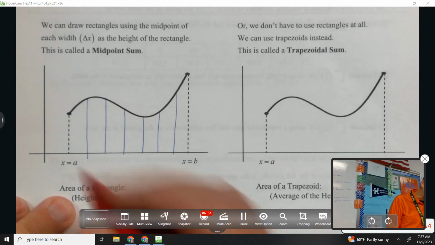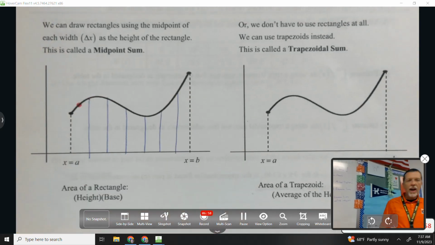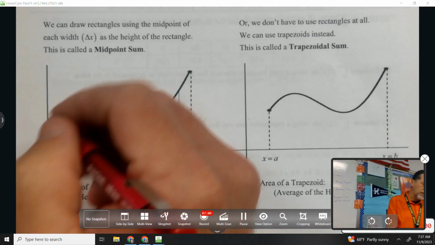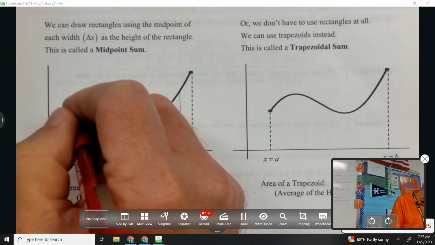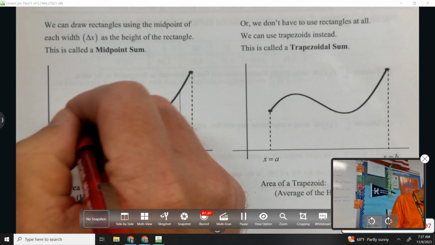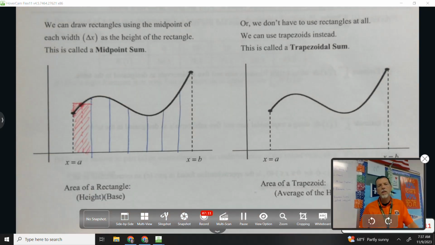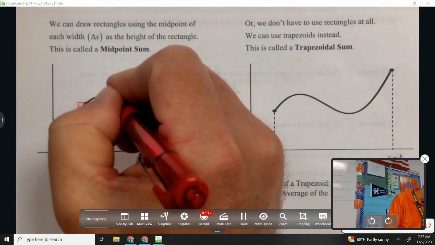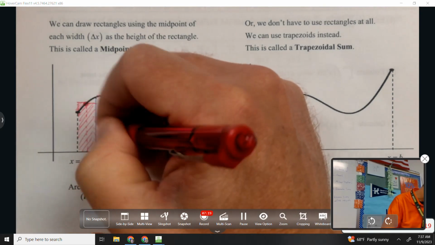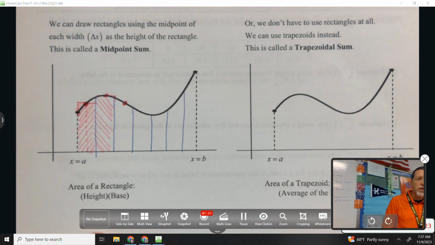So for each interval, look at the midpoint, grab the height at the midpoint. That's a better way to say that. The height at the midpoint of the interval.